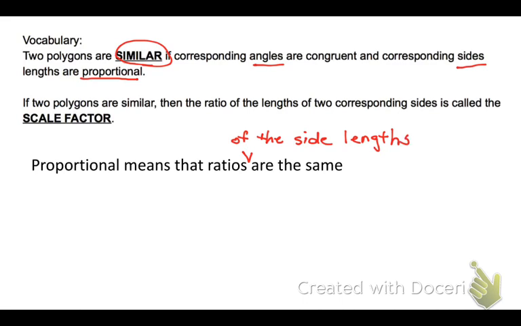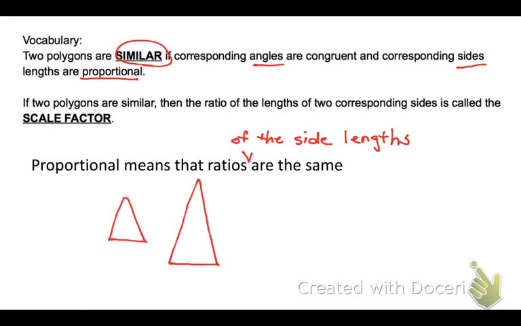So if I have two polygons, I'll make it easy and just draw two triangles. Now they obviously are not congruent. They don't equal each other, but they can be similar.